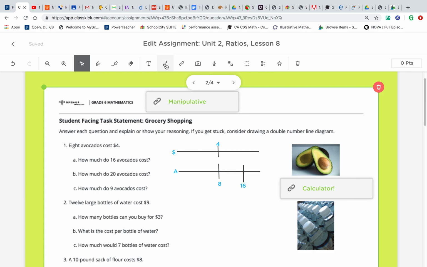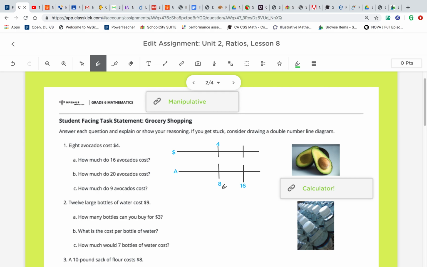And then we need another tick mark for the money. And we're going to have to figure out what's going to go there, right? So let's take a look at what happens to the avocado number line. If you look here, you can see that we are making a little jump from 8 to 16. Now, how do we jump from 8 to 16? Well, we're always going to be multiplying here.